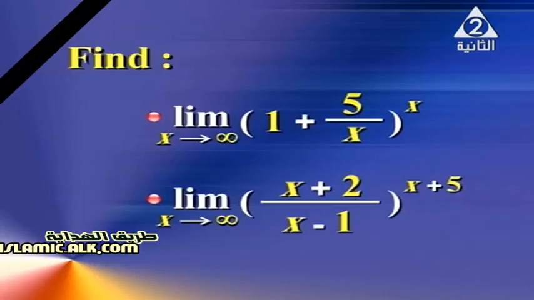Remember, dear student, we want to find two limits. The first is the limit of (1 + 5/x)^x. The second is the limit of the fraction with x + 2 in the numerator and x - 1 in the denominator, all to the power x + 5.